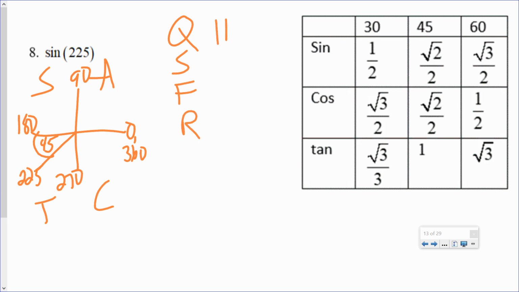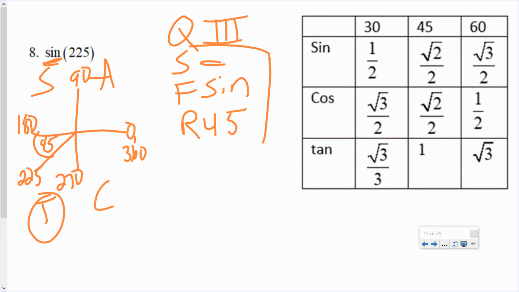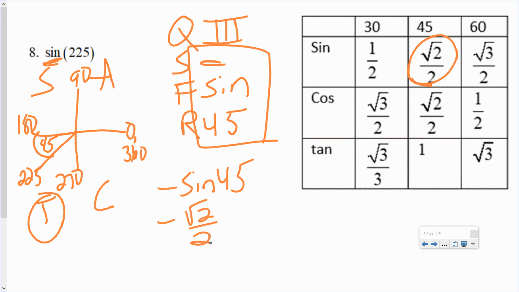In quadrant 3, sine is negative. We have sine, and the reference angle is 45. So it's negative sine 45. So it's negative rad 2 over 2. That's your answer.